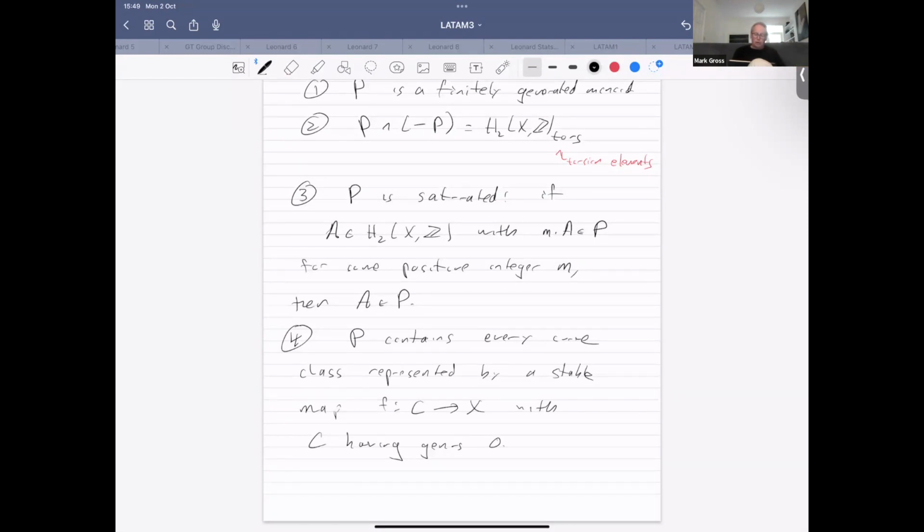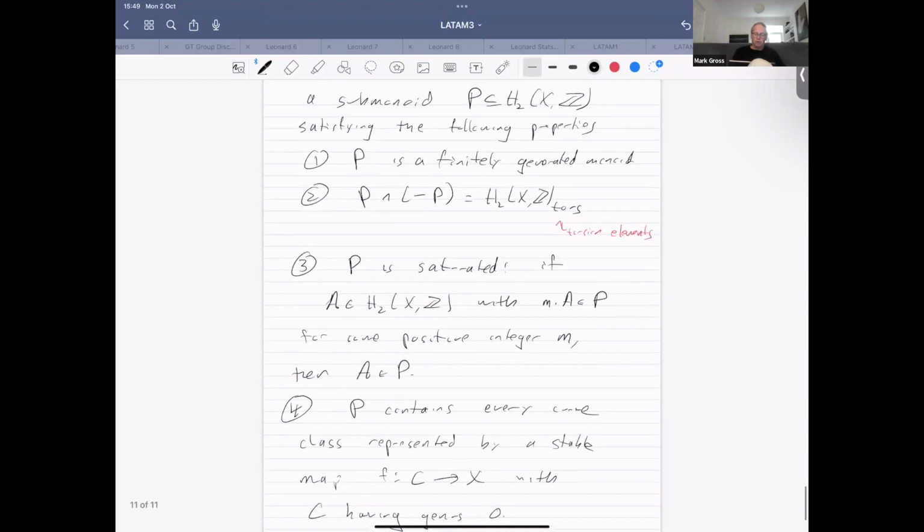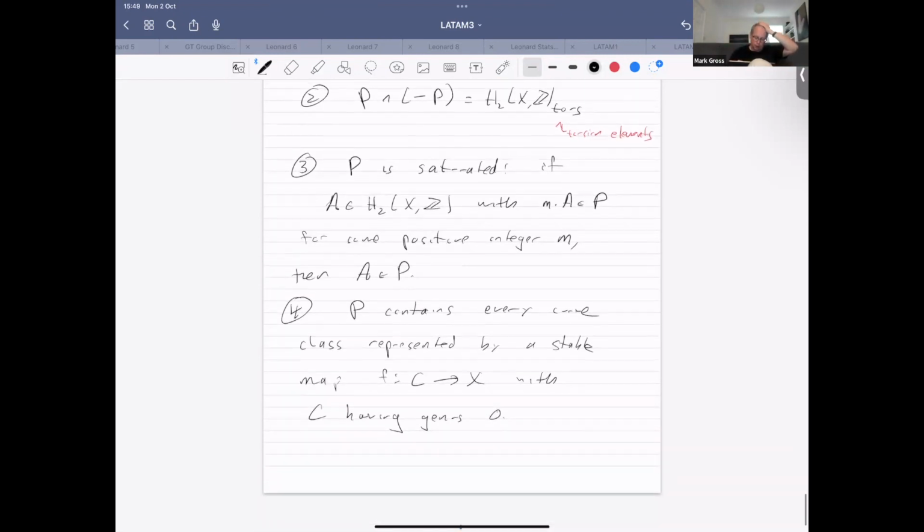So this should look very similar to the setup when we talk about toric geometry. We talk about a monoid ring, C bracket P, and the spectrum of C bracket P is the corresponding toric variety.